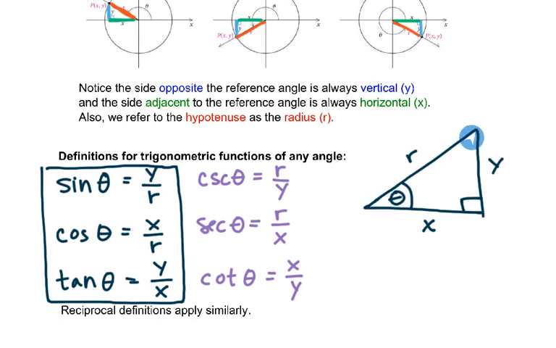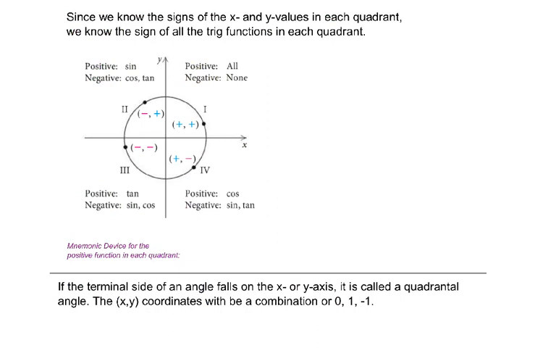R is always going to be this positive extension. It'll be a positive value extending out. So dividing by a positive isn't going to change the sign of anything. So moving forward, we're going to start to connect that cosine is going to be some x value and sine is going to be a y value.